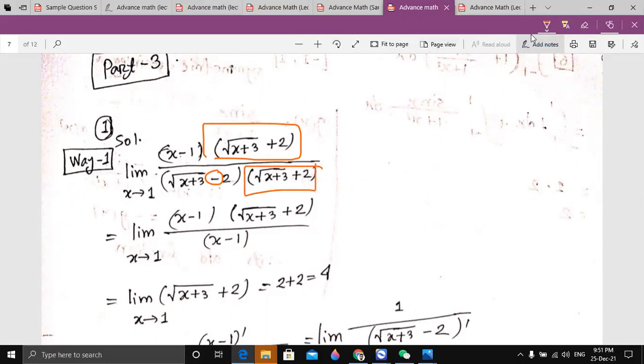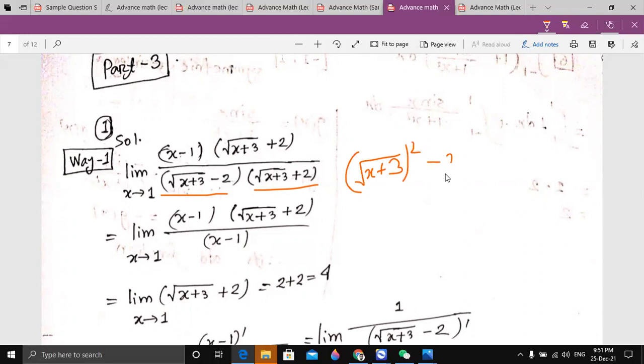So what is the benefit of this? The benefit is if we multiply the conjugate, it will make (a plus b) into (a minus b), that means a square minus b square. So a square means root over x plus 3 whole square.